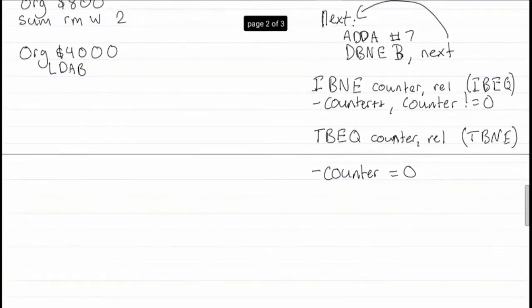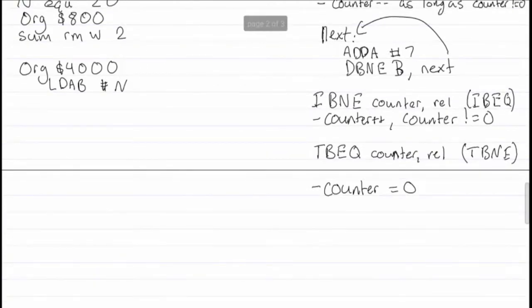So I'm going to use accumulator B, and I'm going to load into there n, because we're starting at the number n. So let's do that, and now I'm going to load into register X the number 0.